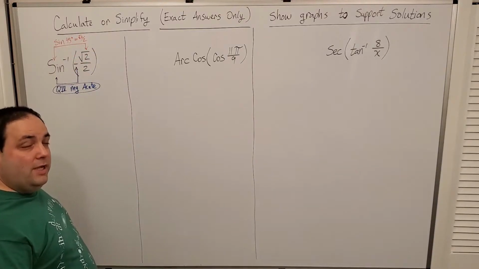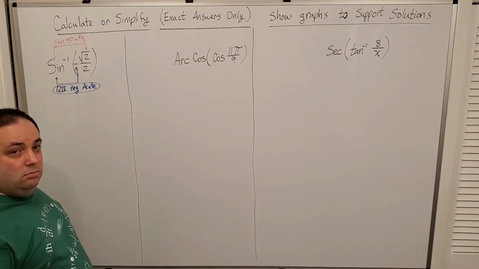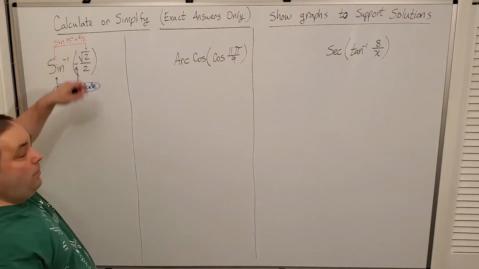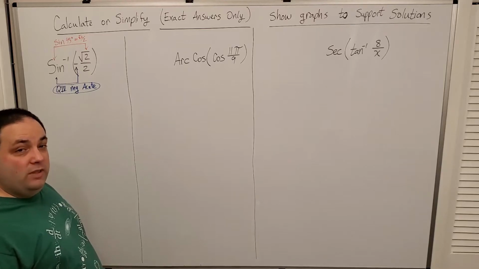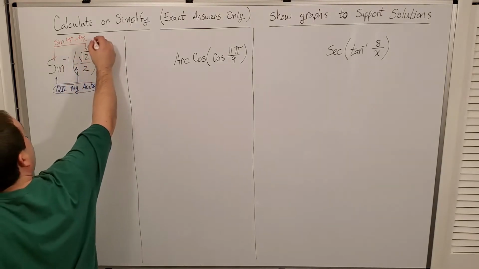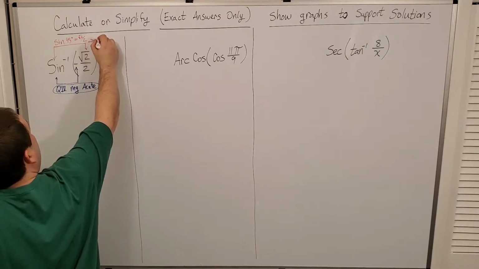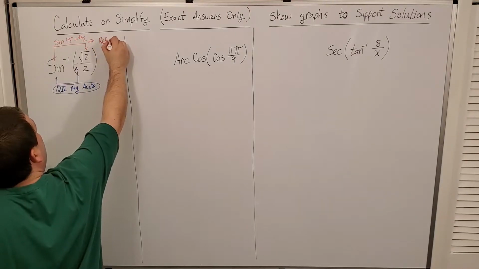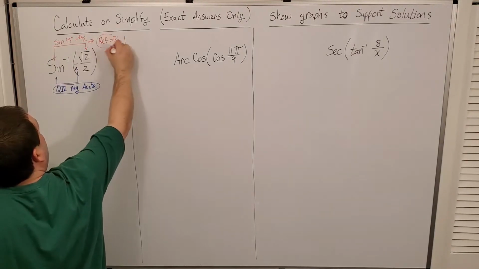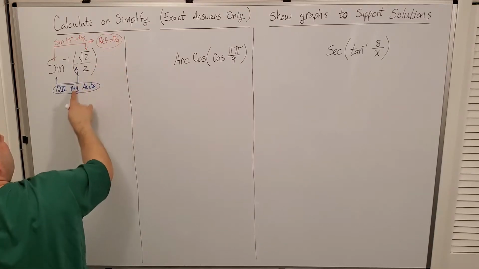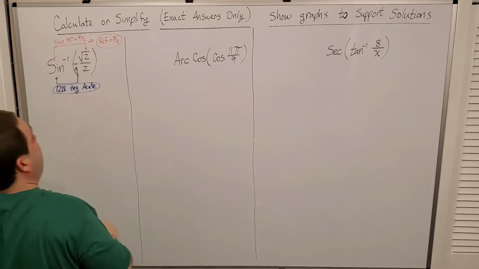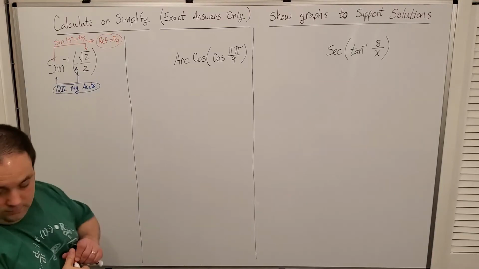Therefore, 45 degrees is your reference angle, right? But we're doing radians, so I need to convert that. This is telling me that my reference is pi over 4. So I have this reference, and I need to give a quadrant 4 negative acute angle.